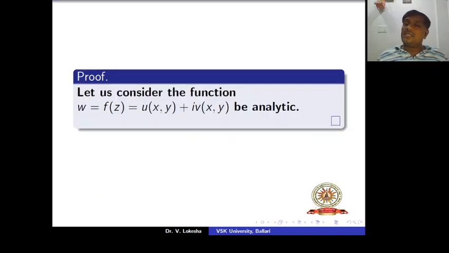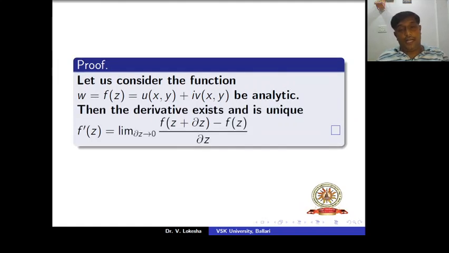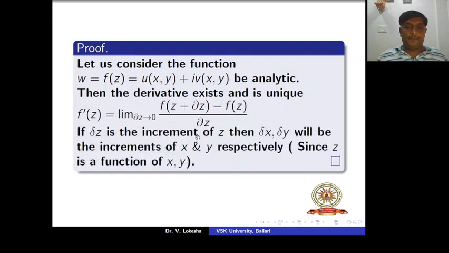Let us consider that the function w is analytic. Analytic means it is differentiable. Then the derivative exists and is unique, and f'(z) is equal to the limit as delta z tends to 0 of f(z + delta z) minus f(z) divided by delta z, which exists.